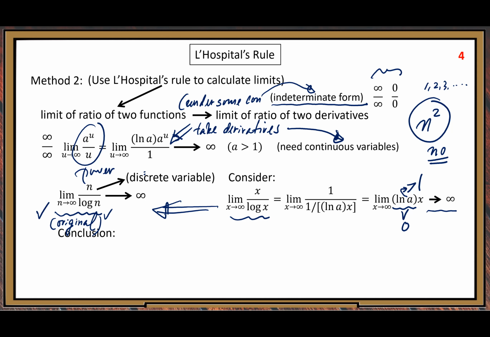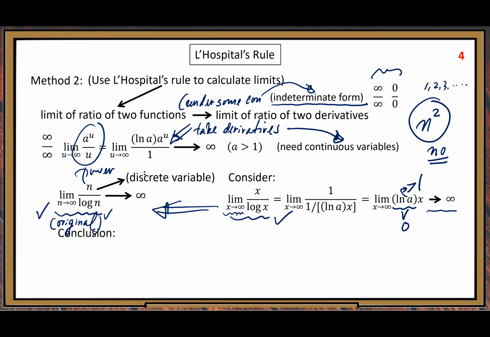Because if this is true, when x approaches infinity, that ratio of two functions is infinity. Do you know how we approach infinity? When x goes to infinity, how do you make x go to infinity?